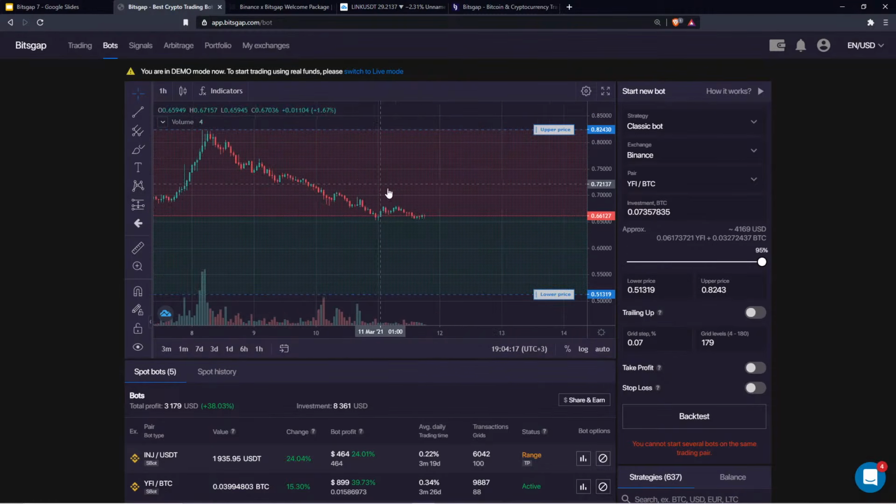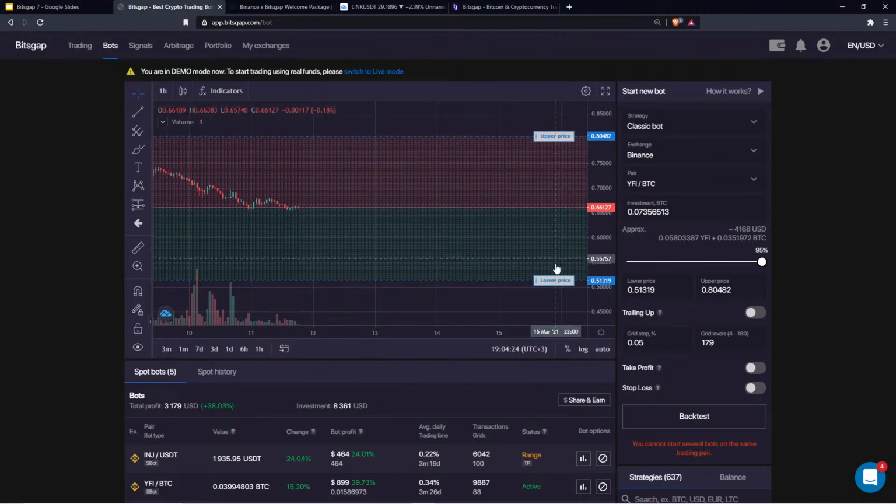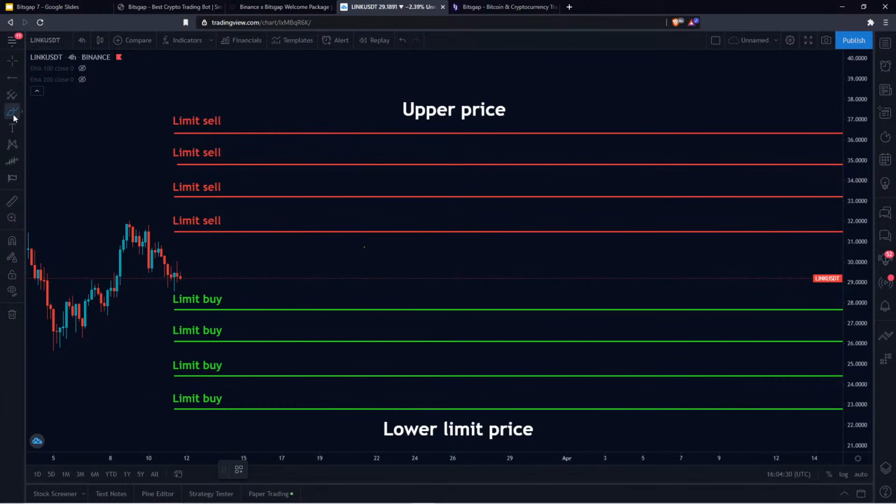Okay, so you see, this is my trading configuration, the sell side and the buy side. I can make it narrow, I can make it wider, so it's clearly up to you to define the trading range.